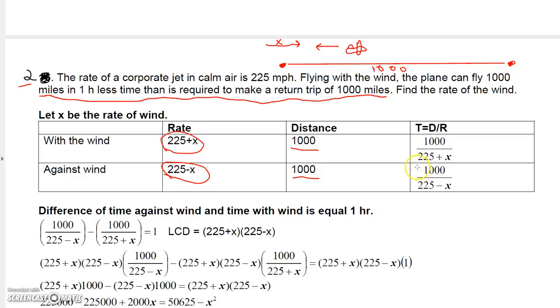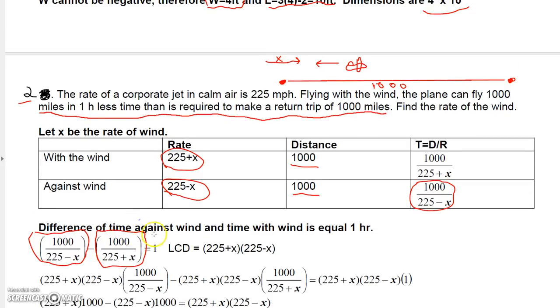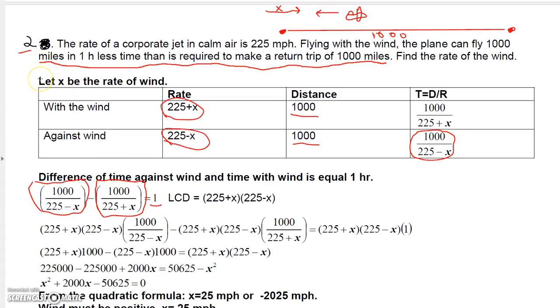Well, the larger time would be the time it took to go against the wind. So I would take 1,000 over 225 minus x. So I take the time against the wind, subtract the time it took with the wind, and that difference is going to be 1 hour. So that's going to equal 1. And so there's your initial equation.